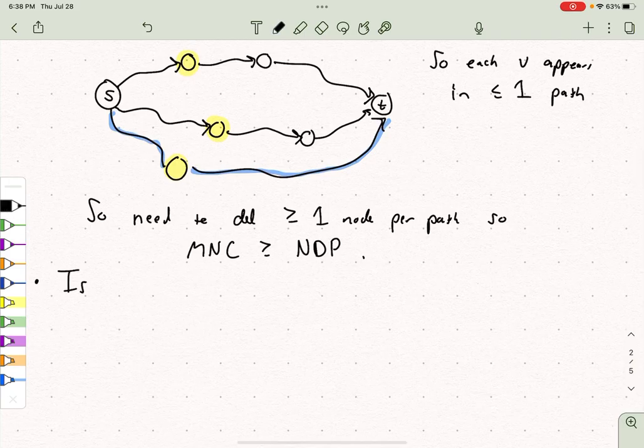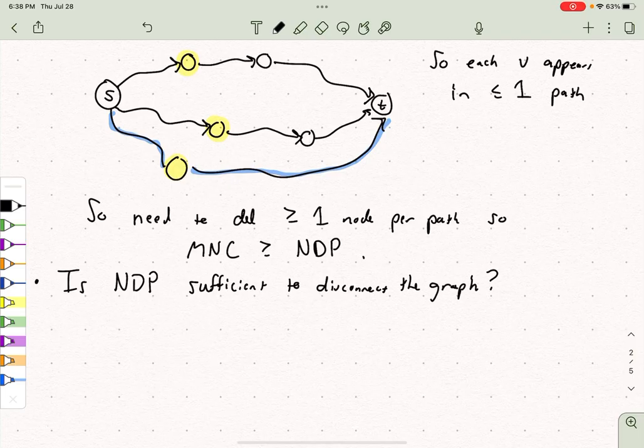So is the number, so let me keep calling it NDP, sufficient to disconnect the graph? And the answer is yes. In other words, that MNC is at most NDP. And this is the key part of Menger's theorem.